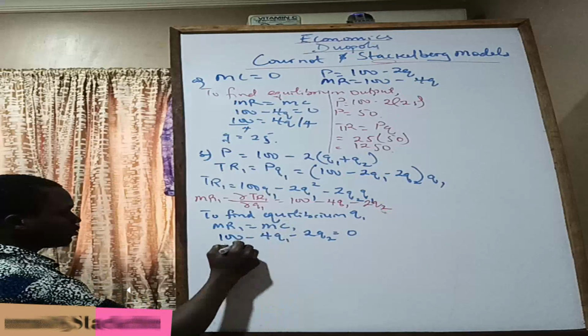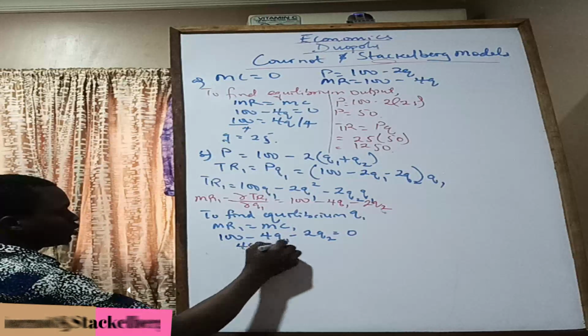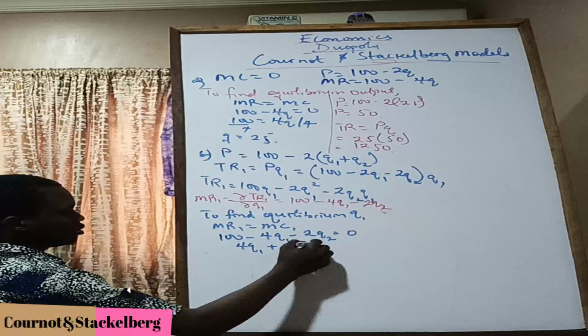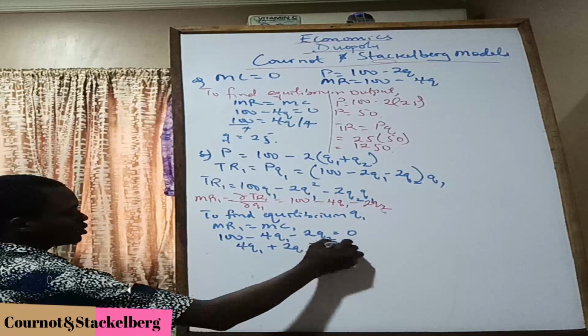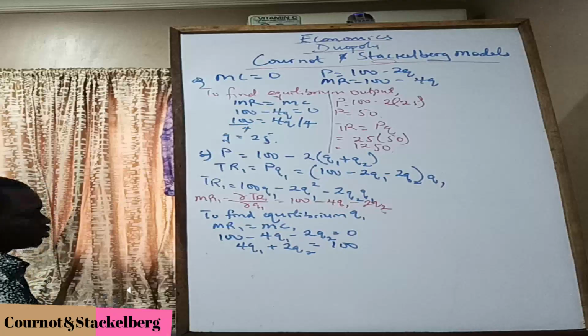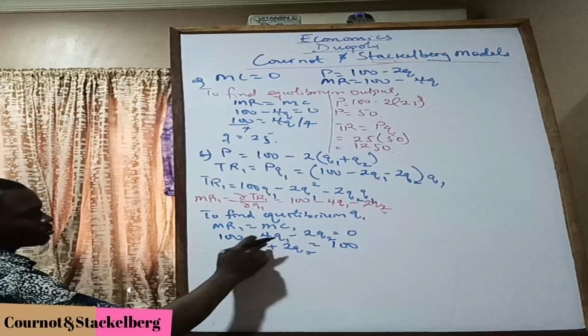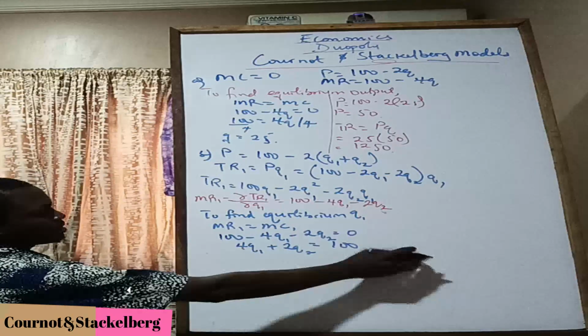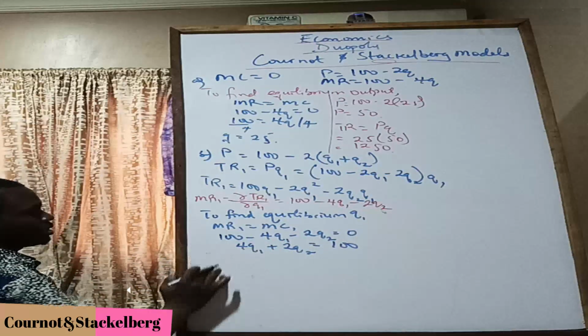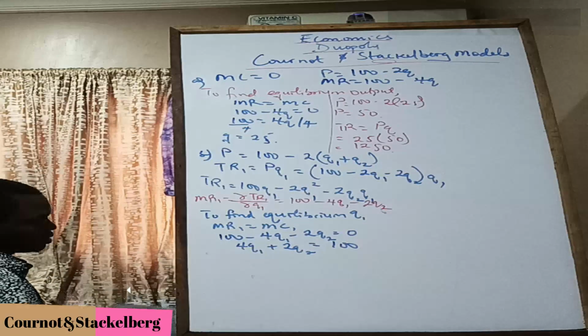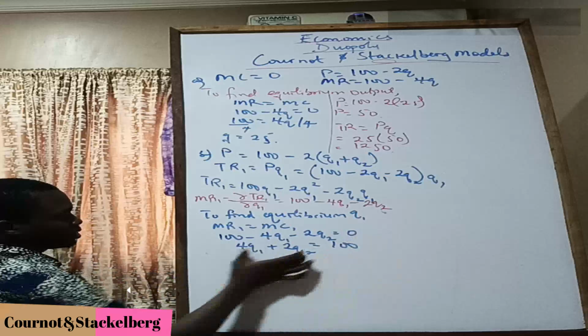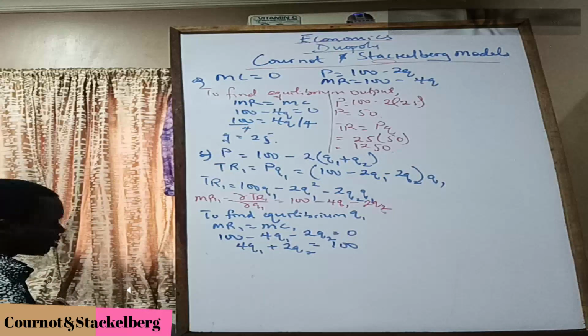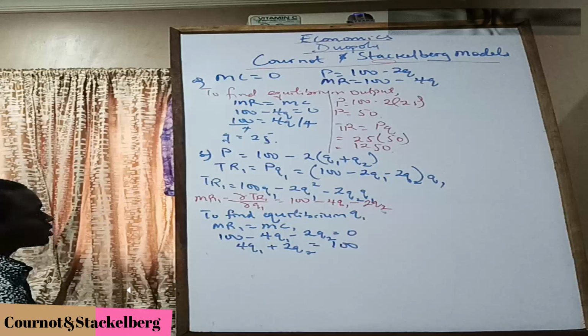From here, 4Q1 plus 2Q2 will give us 100. You can solve it properly on your own. What I just did was leave 100 here, take the minus terms to the other side, and they become positive, and the 100 is positive too. Just mathematical manipulation. Just do it the way you understand it.